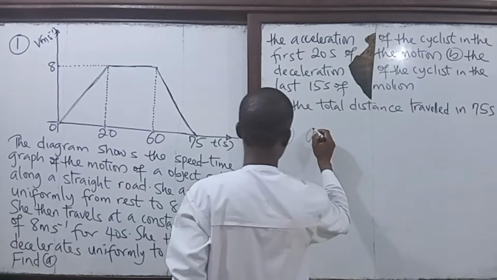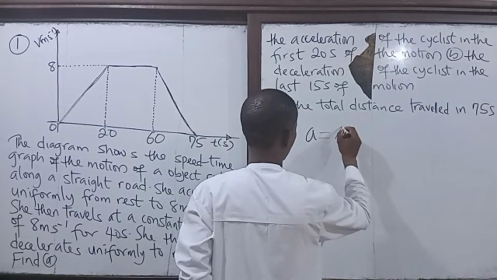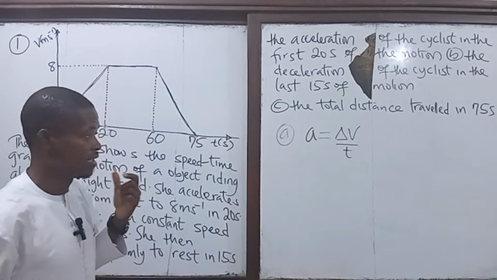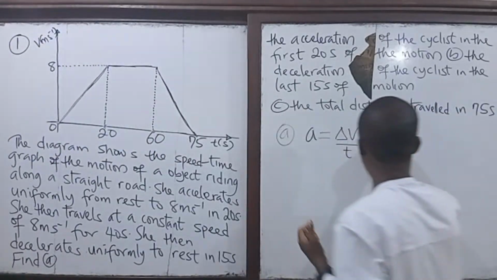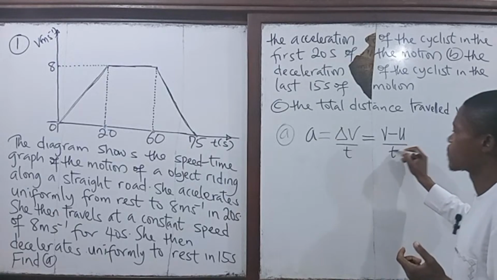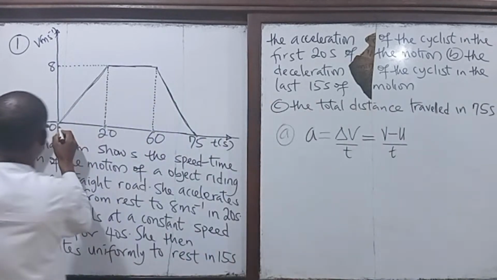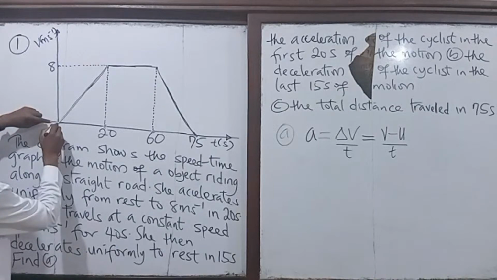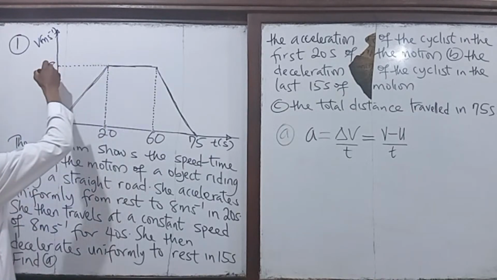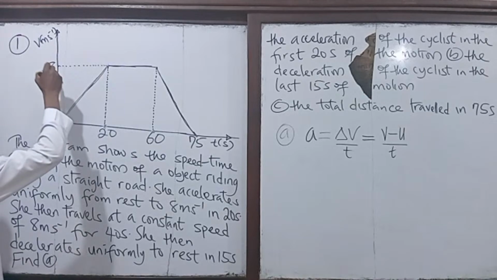Acceleration is changing velocity over time, which means final velocity minus initial velocity over time. The body starts from the beginning here until you get to this place, and the speed attained is 8 meters per second.